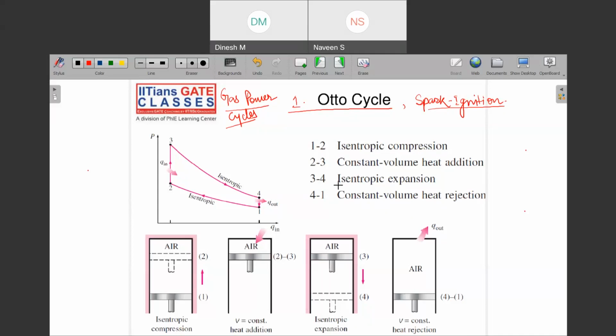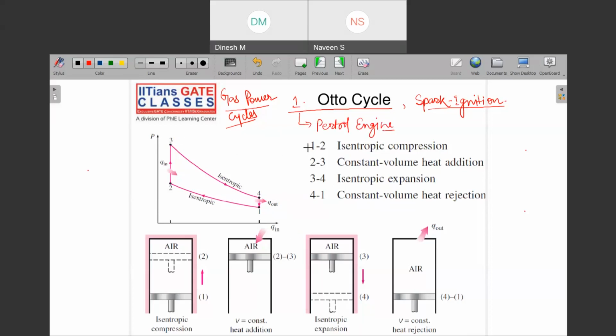Then we tried to find out how we can get some work. The very first is the Otto cycle, and this is the cycle upon which our petrol engines work. So the petrol engine works upon which cycle? The Otto cycle. Now let us go to what this cycle constitutes.